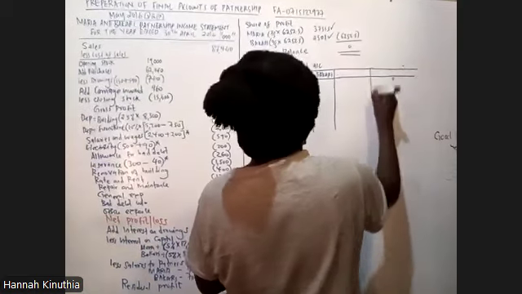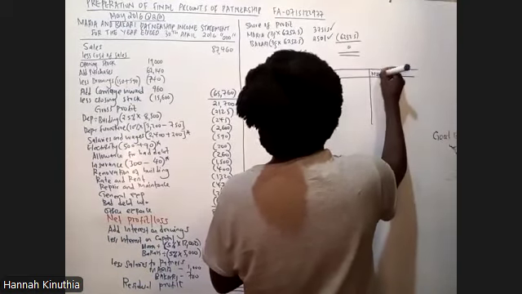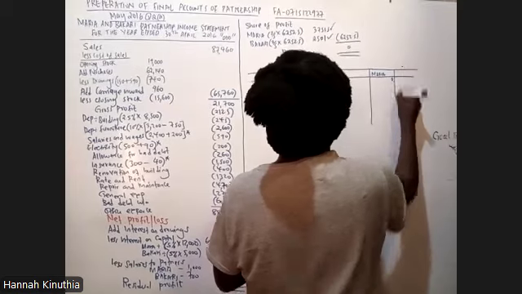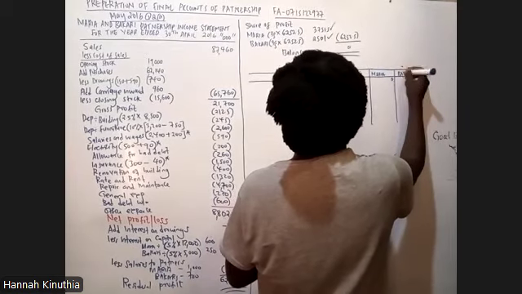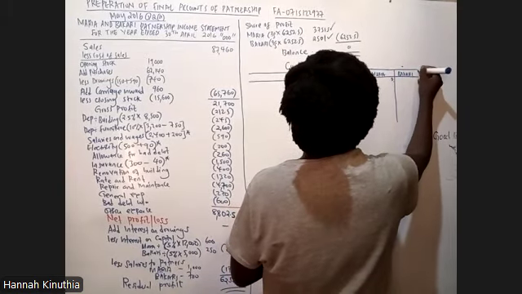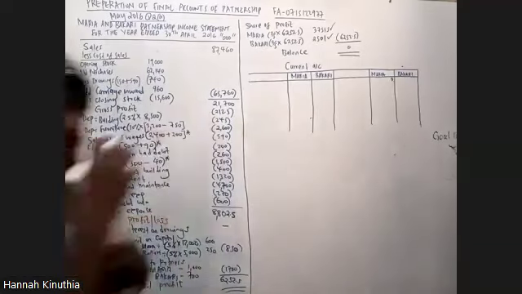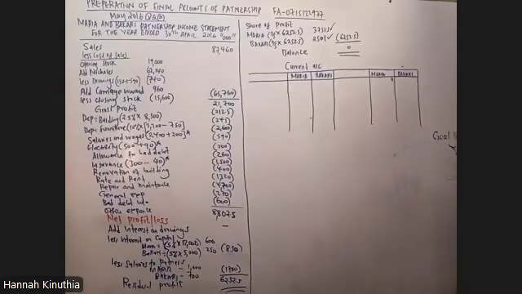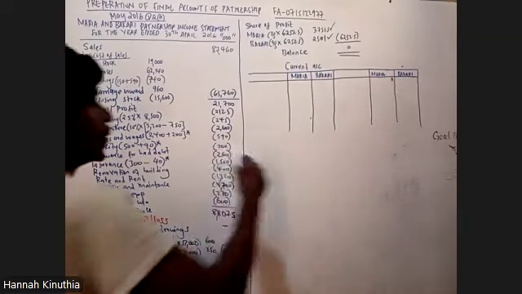Then you have Bakari. Maria Bakari. I think iko sawa. Now we can start with the balance breakdown.